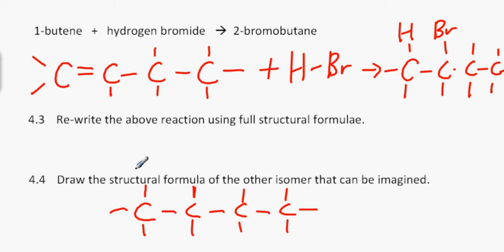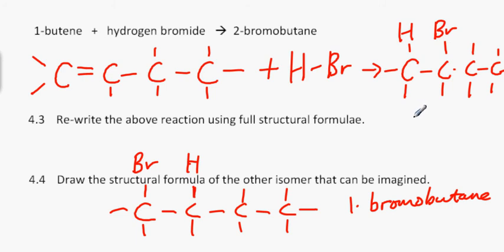The other isomer is simply to put the bromine on carbon 1 and the hydrogen on carbon 2. Remember there are hydrogens at each of these other points, and that would simply give us 1-bromobutane, which is the other isomer that's formed.